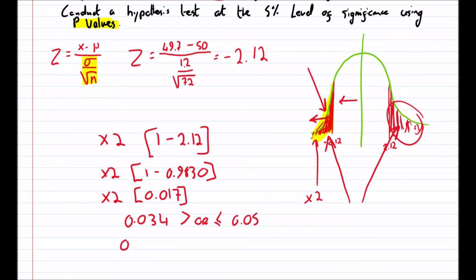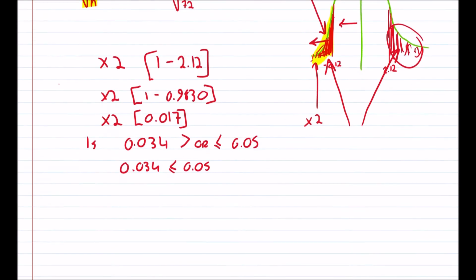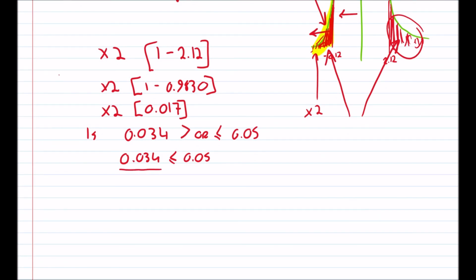Well, 0.034 is less than or equal to 0.05, and what we said was if our p-value is less than or equal to 0.05, we reject the null hypothesis. Okay, right, hope that helped, guys.